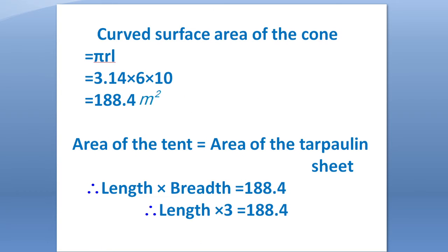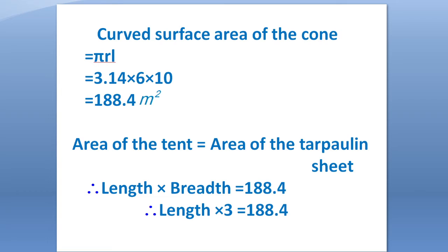Now, curved surface area of the cone is equal to pi r l. So, pi is 3.14 into 6 into 10. So, the multiplication is 188.4 meter square, which is the curved surface area of the cone.